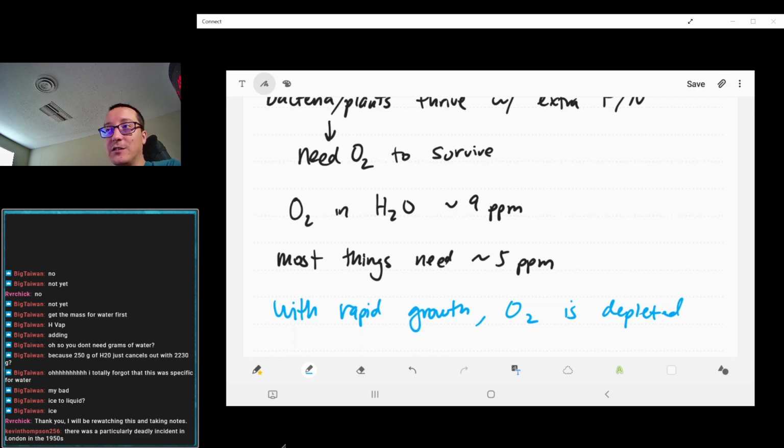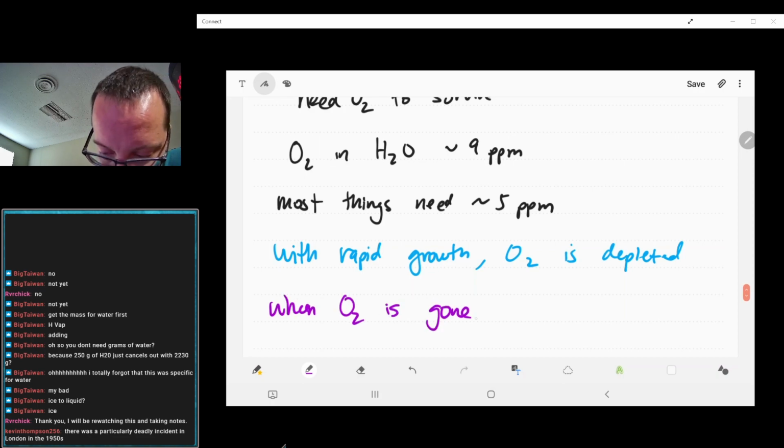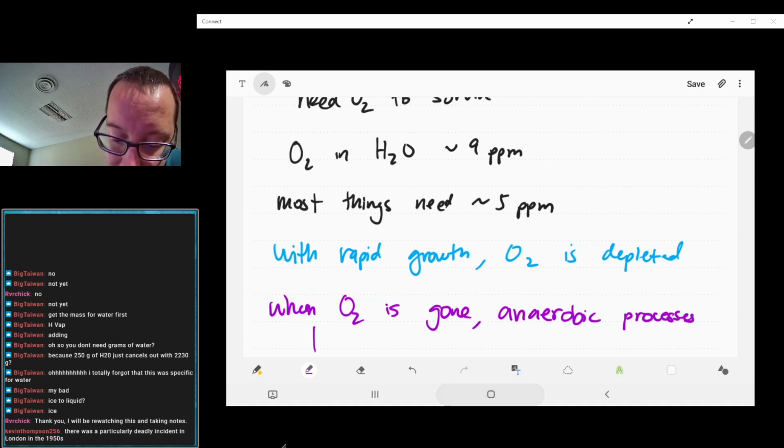Once the oxygen is depleted, anaerobic processes take over.